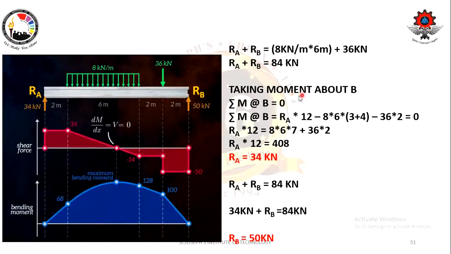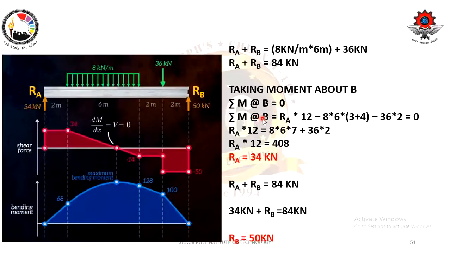Now we are supposed to find RA and RB individually, so taking moment about B, the summation of moment about B is equal to 0.